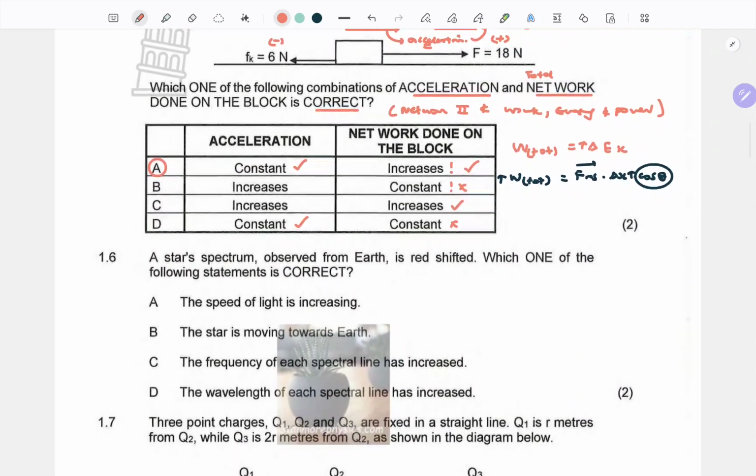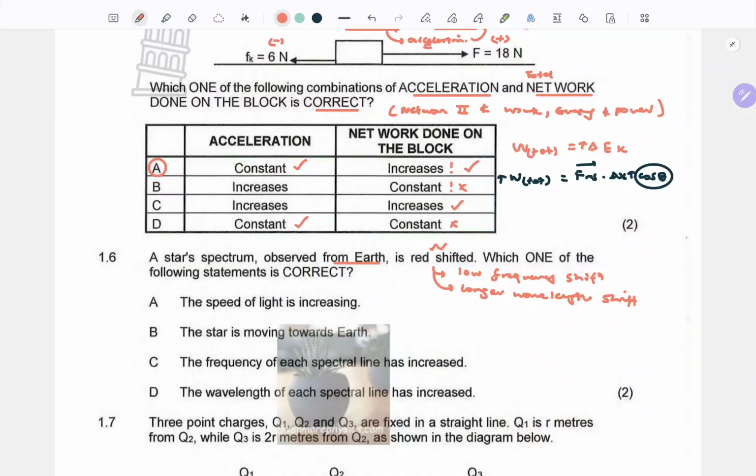Okay, now a star spectrum observed from Earth is red shifted. Now, once you hear this word in physics, folks, you know two things: that this is either a low frequency shift or a longer wavelength shift.